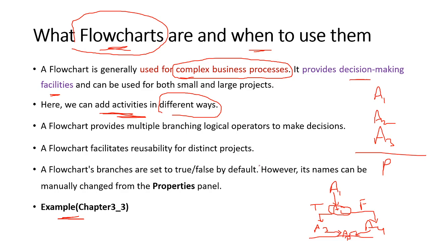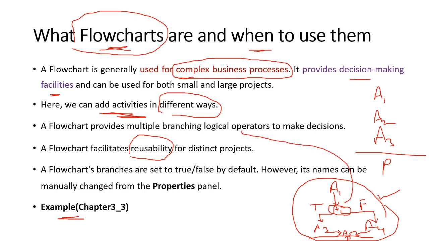Okay, we shall see a real example of a project which will have a pattern like this, right? Another advantage of flowchart is reusability. We can reuse this structure for another or a similar project. This is an example of logical operators.